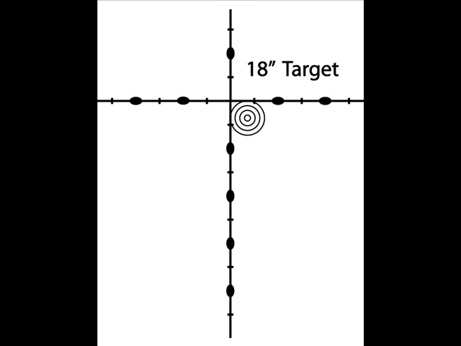Okay, we have one more example for an 18-inch target. And this one appears to be quite a bit smaller. It's still 18 inches, but it's much further away. This target looks to be about 0.7 mils in total width that it's subtending here on your reticle.